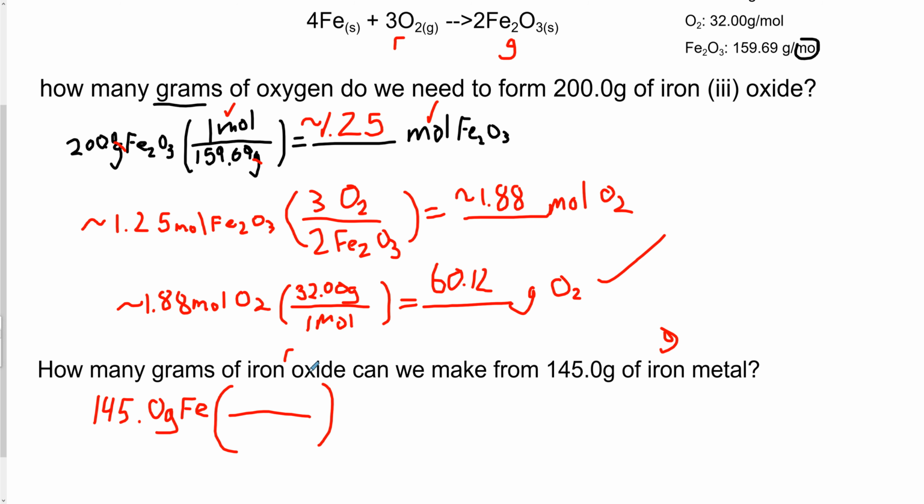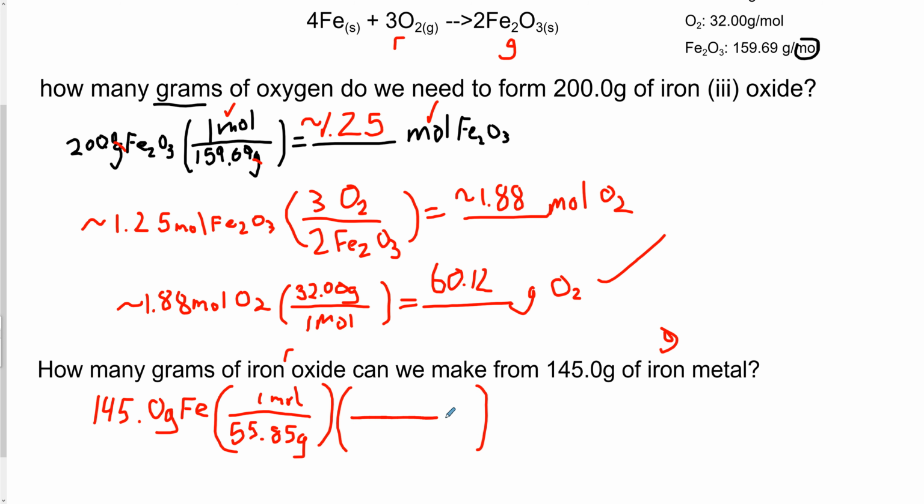So first thing, grams to moles of iron. Iron is 55.85 grams per mole. So 55.85 g goes here, 1 mole goes here. Now, if I were to do this math, I would get moles of Fe, but I'm not going to leave it there. Now, I'm going to do the mole ratio.